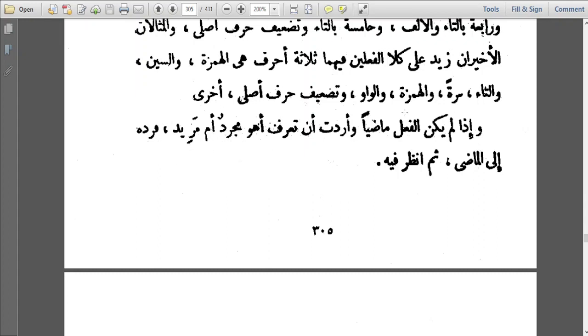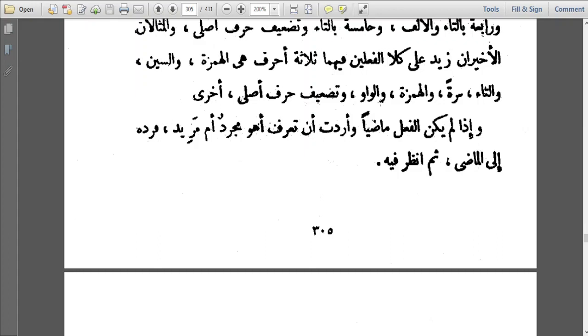He says, if the verb is not past tense, because we are dealing with past tense here, and you want to know whether the verb is mujarrad, where all the letters are asli, or mazid, where some letters have been added, faruddahu ila al-madi, turn it back to the madi, summa unzur fihi, and then look into it.